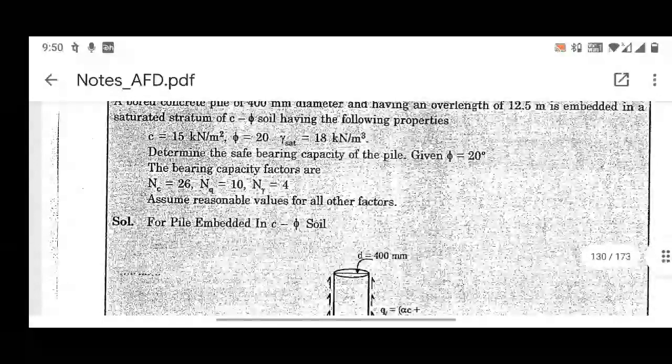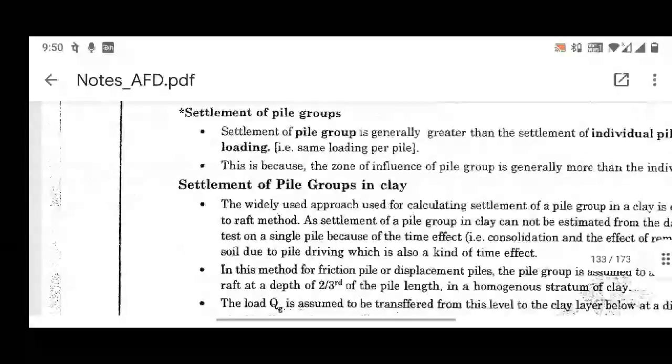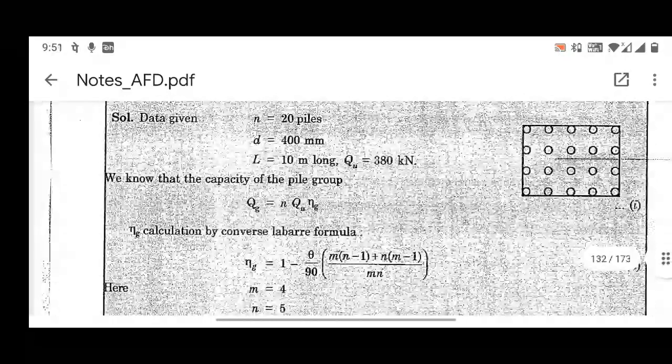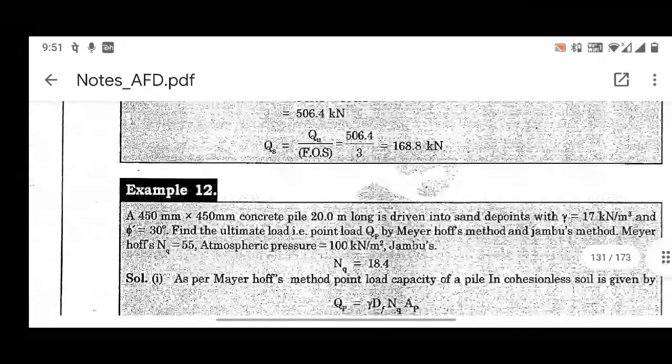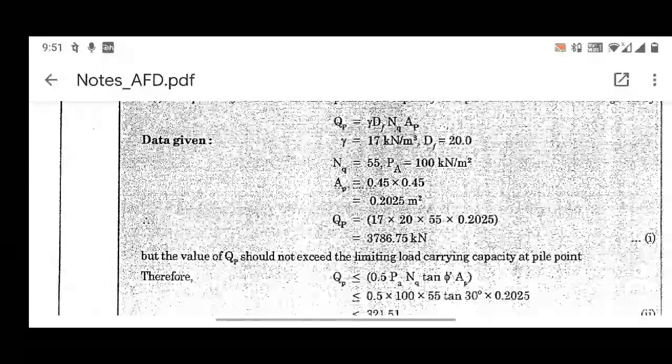So 12 numericals are there based on the group action of piles. Are you all comfortable doing all these on your own at first?